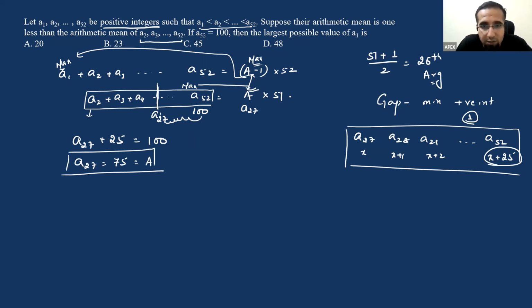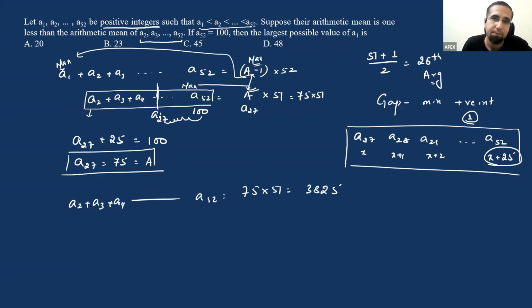Clear? So the sum of these terms becomes 75 into 51, right? So I'm writing it here. A2 plus A3 plus A4, so on till A52 becomes 75 into 51, which is equal to 3825. I've just calculated that. Now this value becomes 74.